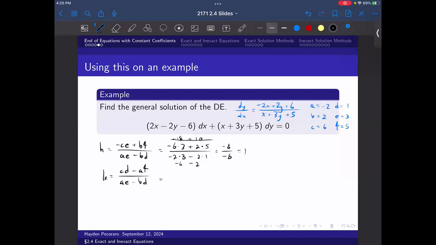Again for k, c d, 6 times 1 minus negative 2 times 5, over minus 2 times 3 minus 2 times 1. Oh, look, the bottom stayed the same, so we know we're going to get minus 8 there. In the numerator, 6 plus 10 is 16, so we get minus 2. So h equals 1, k equals minus 2.